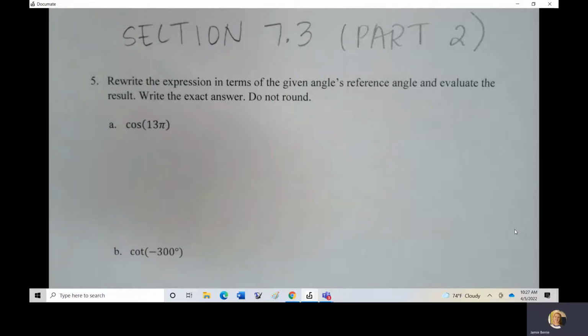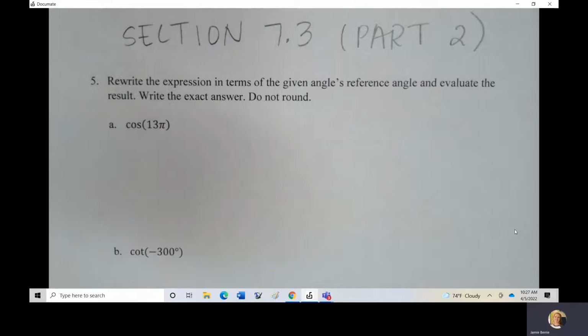Now we are going to continue section 7.3 with some examples where we're going to use reference angles, and we're going to introduce one of our first trigonometric identities, and then wrap up with the unit circle.